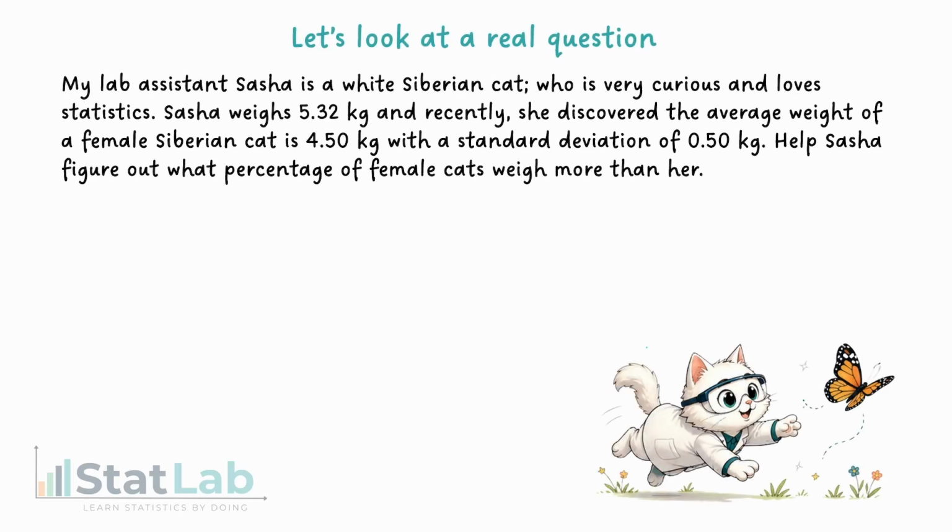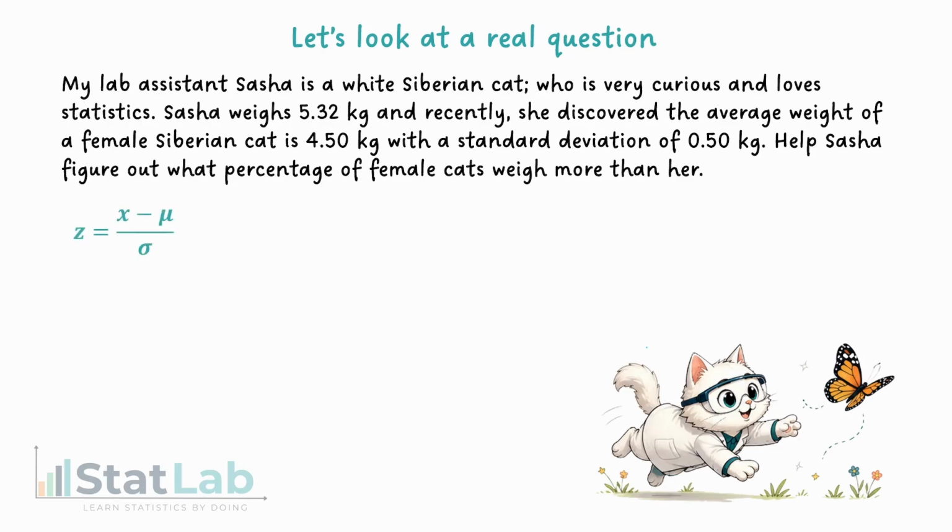Let's look at a real question. Okay, my lab assistant Sasha is a white Siberian cat who is very curious and absolutely loves statistics. Sasha weighs 5.32 kilograms, and recently she discovered the average weight of a female Siberian cat is 4.50 kilograms, with a standard deviation of 0.50 kilograms. Help Sasha figure out what percent of female cats weigh more than her.